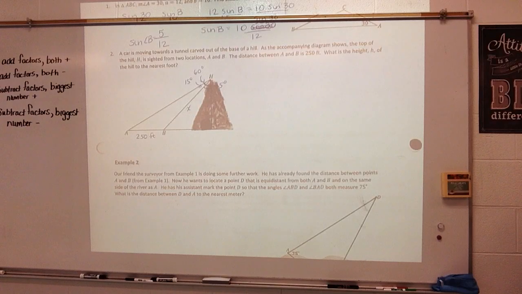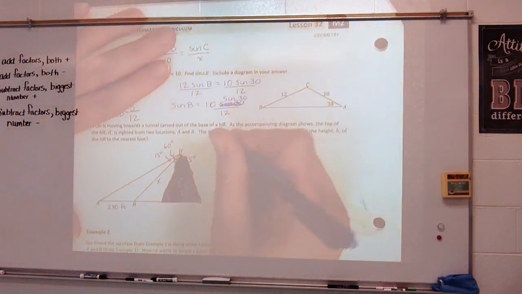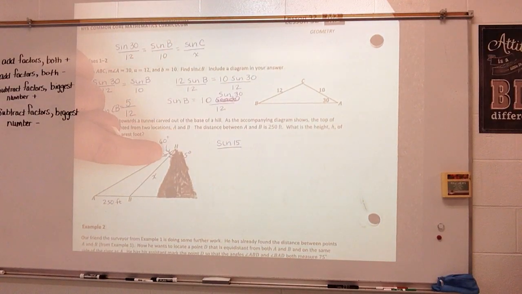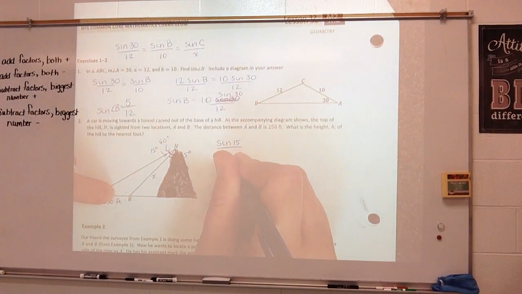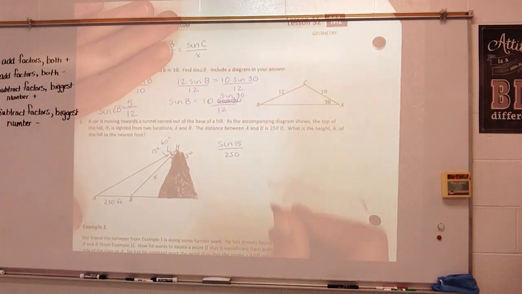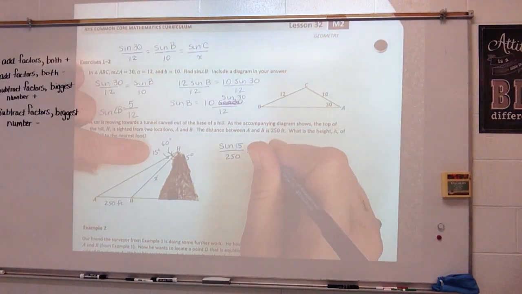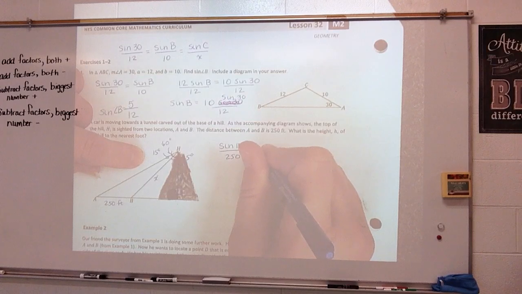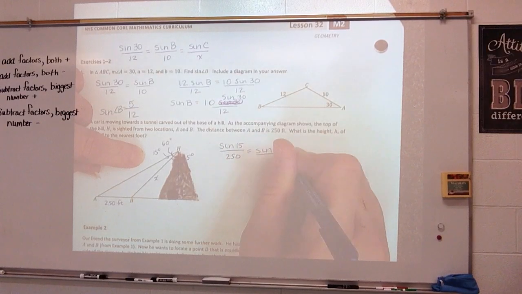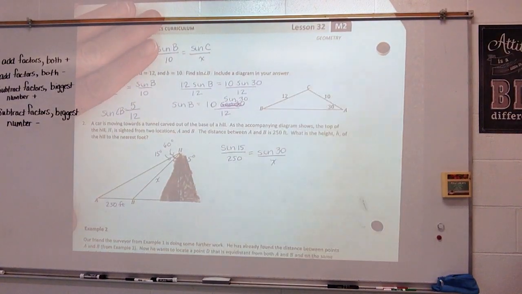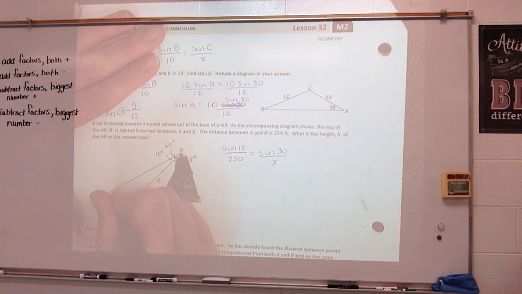I can do the sine of 15, we're looking at this angle right here, divided by the side opposite, which is 250, is equal to the sine of 30 divided by X, because this angle here is 30.